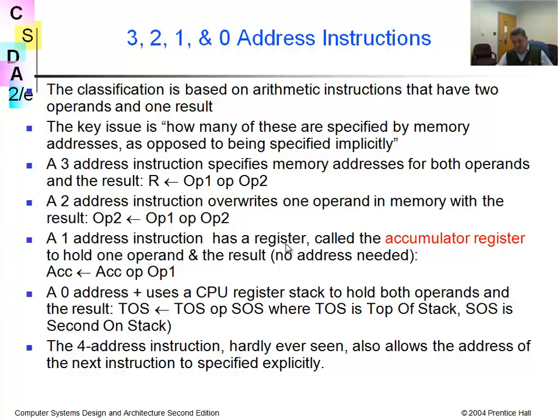We use that address and get the content of that address, which is your operand, and bring it in from memory. If it is the first operand, we load it to the accumulator, then we go back to memory and bring in the next one.